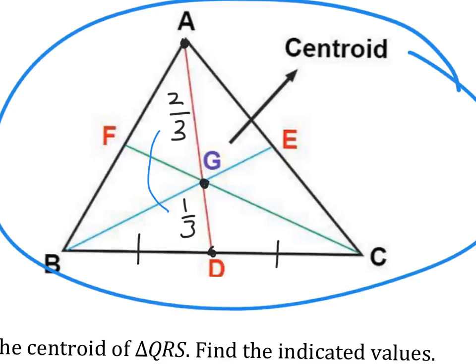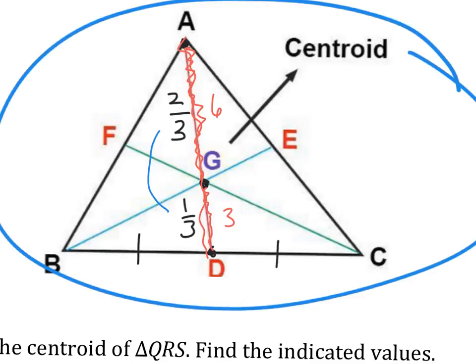All right, so if I said that from A to G was 6, can anybody tell me what G to D is? 3. Because the 1/3 part is half of the 2/3 part. What's the entire length from A to D? 9.